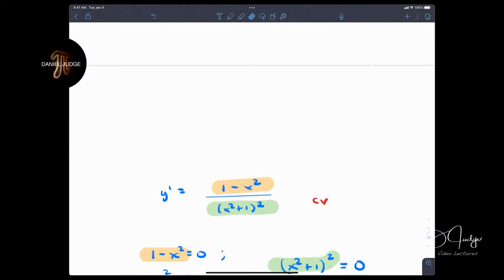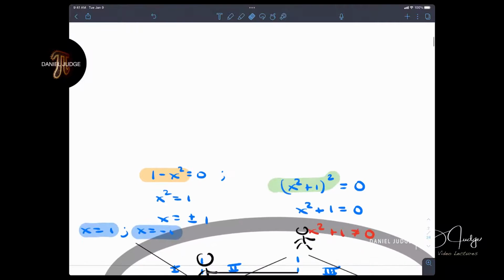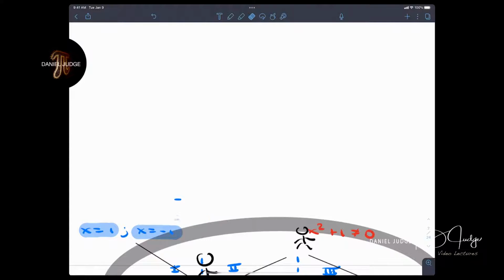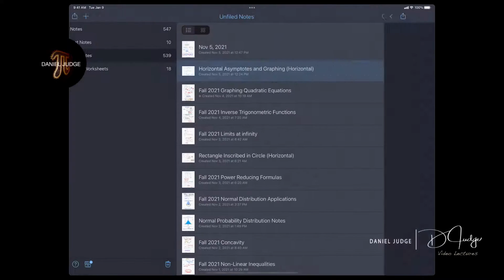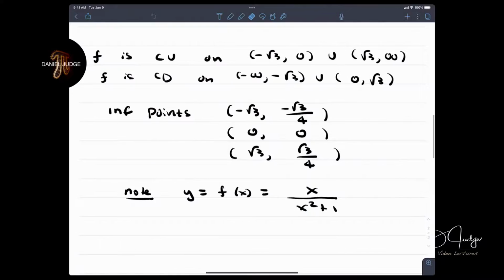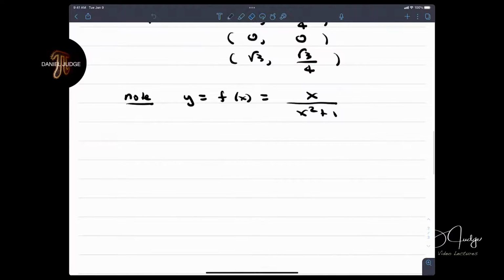This end behavior, limits at infinity. All right. Anyway. X over x squared plus 1. So here's my scratch, and here's my function. Now let's check for horizontal asymptotes.